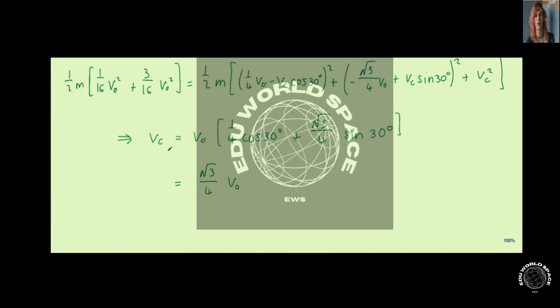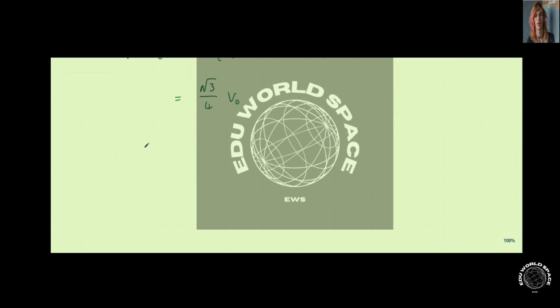Similarly, we can solve for the x component of vA, and vA's x component is equal to 1 over 4 v naught minus the square root of 3 over 4 v naught times the cosine of 30 degrees, and this is minus 1 over 8 v naught.